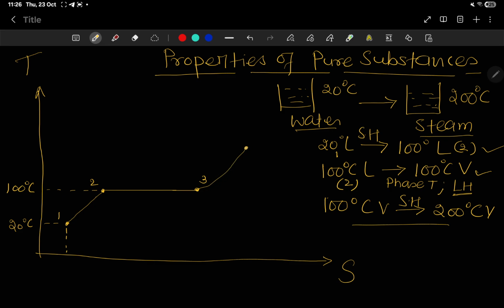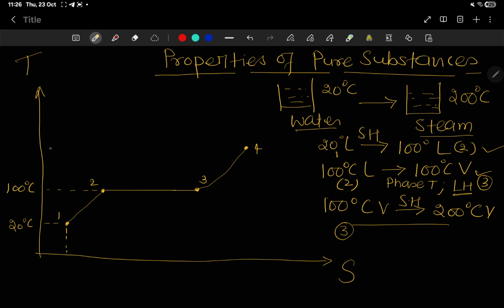We will get this point 4. This is point 2, this is point 3, and we will heat this up to point 4.